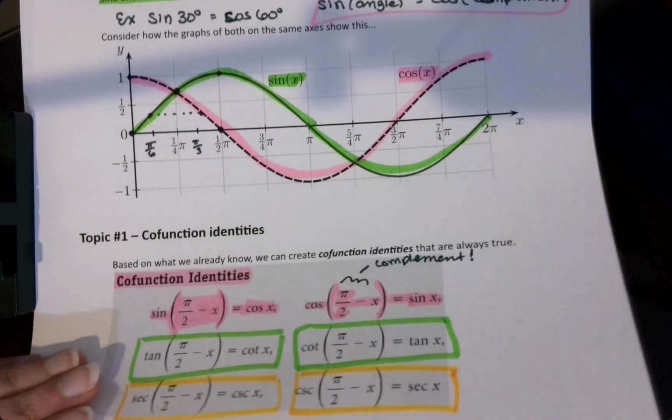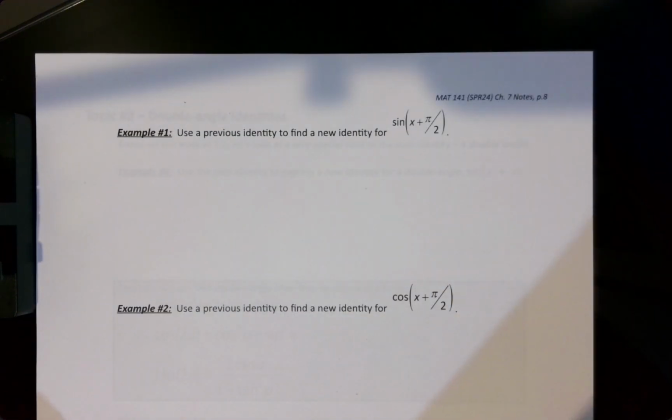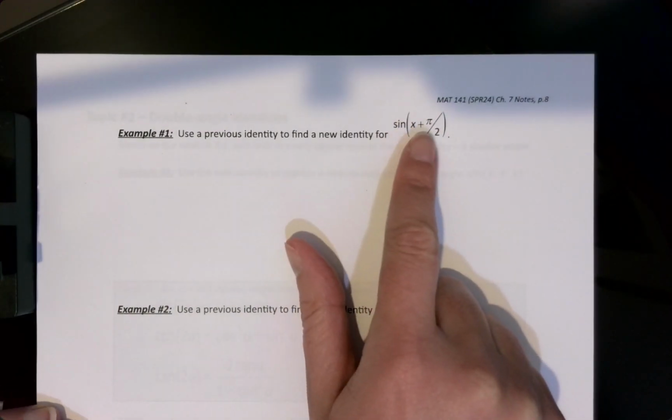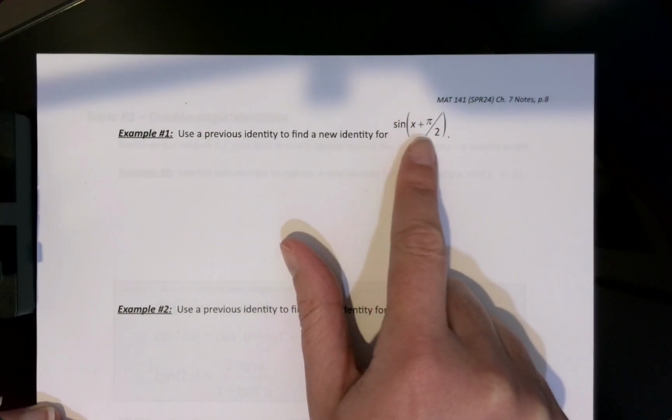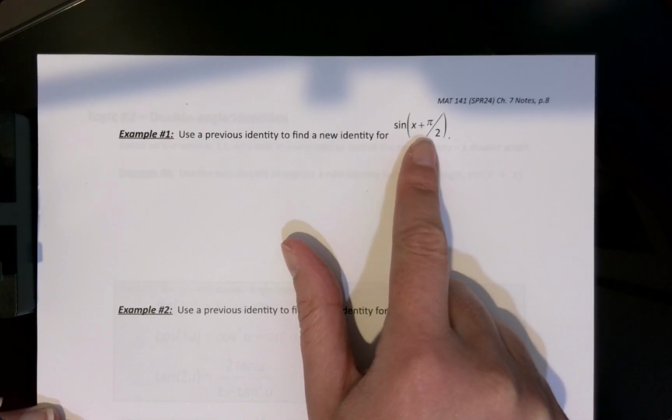Let's take a look at how this impacts our next page. We're asked to use a previous identity to find a new identity for the sine of x plus pi halves. This is not a cofunction because this is now a sum. So x plus pi halves is going to be an angle that's larger than 90 degrees. They're not complements.